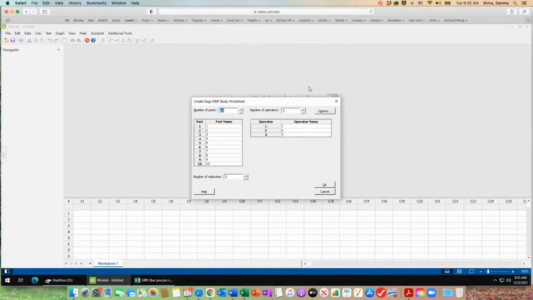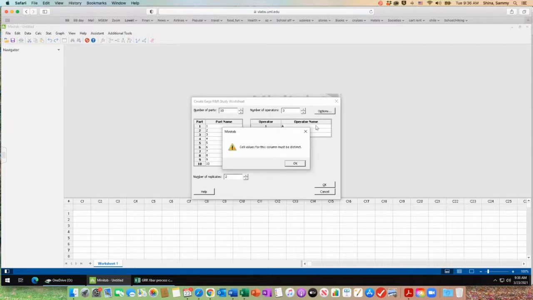Then it comes up with a screen. I can't make it much bigger, so I hope you can just follow it as you go along. It says number of parts is 10. Number of operators is 3. We'll call the operators A, B, C, because that's how we call them in the homework. So we have 10 parts, 2 replicates, and 3 operators.